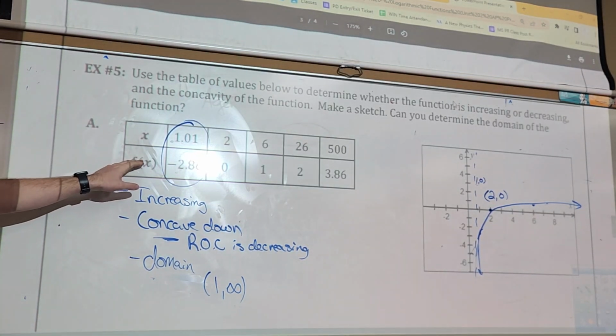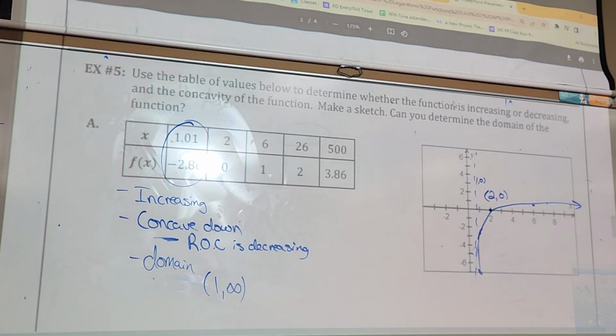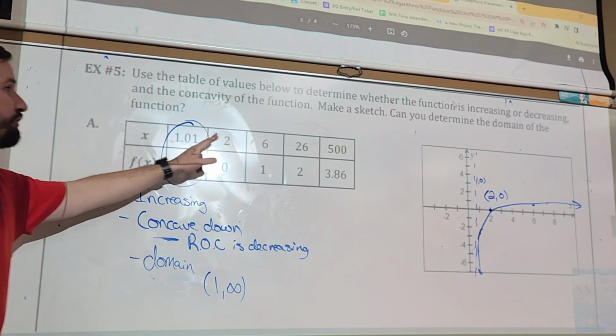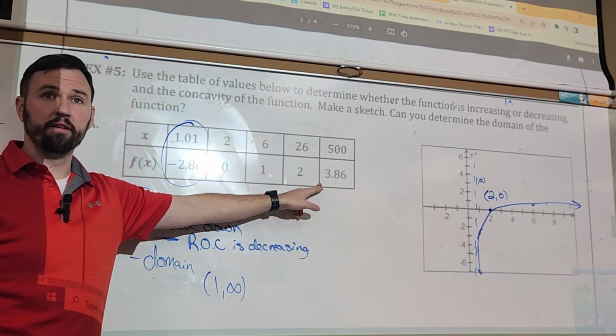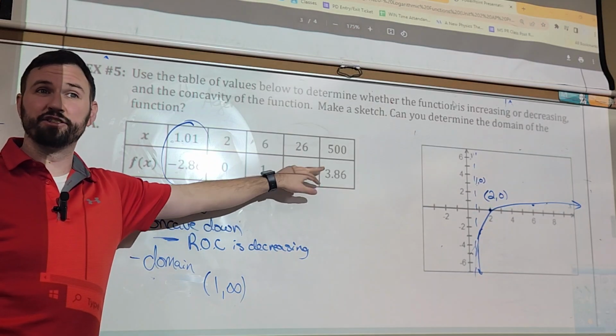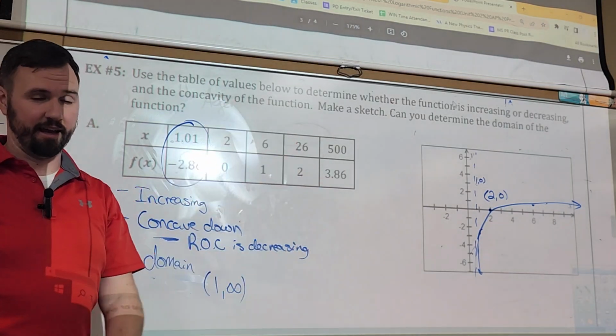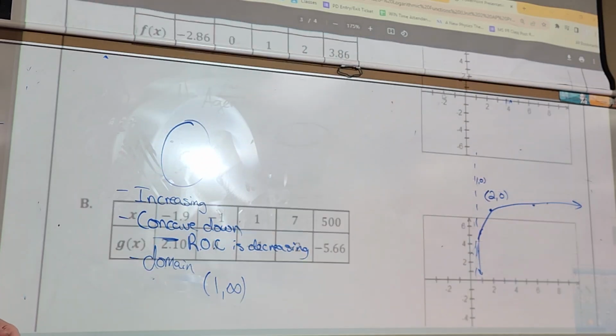Now, how do I know this is log and not exponential? Which number is getting bigger faster? My x. So as I plug in huge numbers for x, my y doesn't get much bigger. That's a log. If this is switched, it's an exponential. There are some homework problems like that.